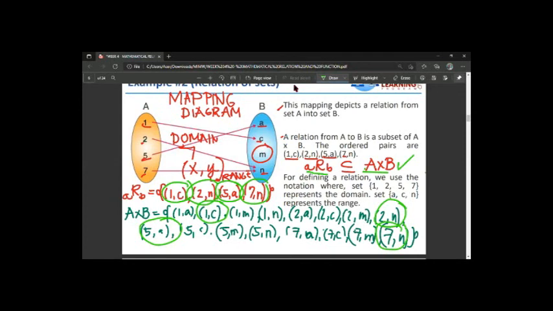So their relationship should be consistent with the Cartesian product. If we say a relationship from set A to B, it means A is our domain and B is our range. The second element is B, the first element is A. It should be the same, A should also come first in the Cartesian product. That's the thing you should always remember.